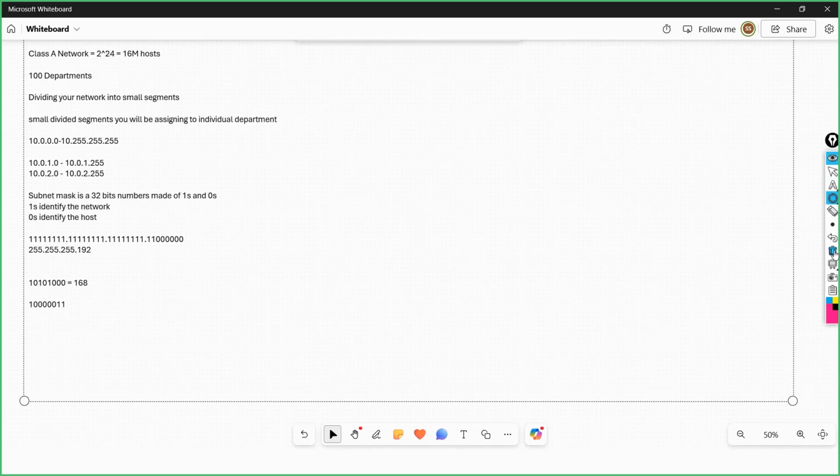Now, as we have discussed earlier, the Internet Assigned Numbers Authority, also known as IANA, is the one who is assigning the IP addresses.